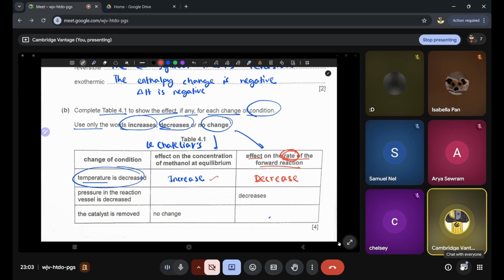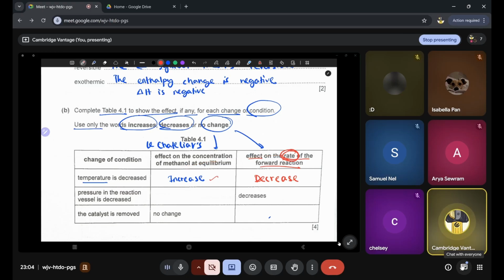The rate of a reaction, when it's dependent on temperature, is always going to decrease if temperature decreases. So do not confuse this with the concept of equilibrium. Equilibrium shifting and rate of reaction are two different things, and this is probably the best way to see it happen. So the rate is decreasing, but the concentration of the product is increasing.